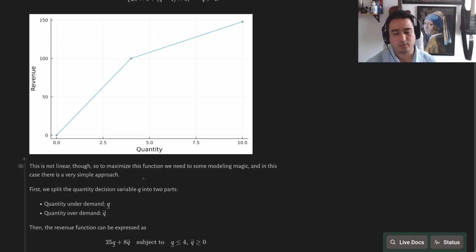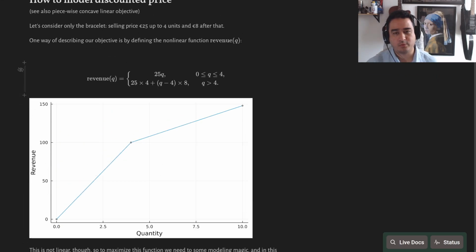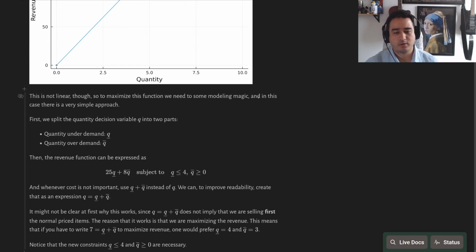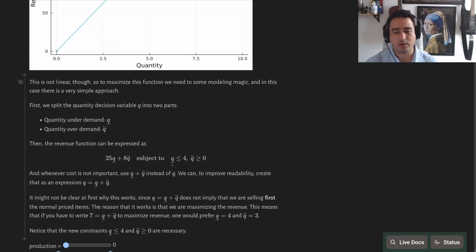Right? So go back here. This is 25 times Q, which is the initial Q. And everything beyond that is going to be this Q minus 4, which is going to be our Q overline. Okay? So essentially we have Q underline less than or equal to 4 and Q overline is greater than or equal to 0.